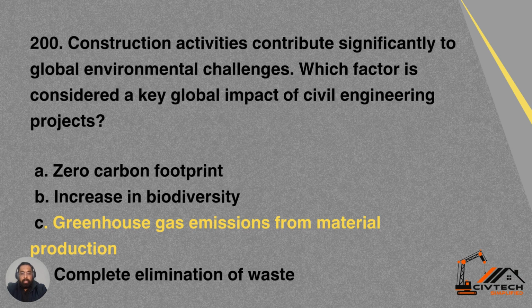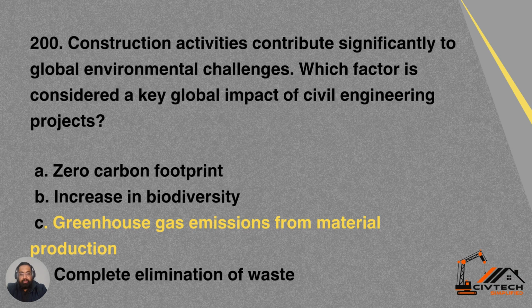Question number 200 and the last question for this video part as well as this topic. Construction activities contribute significantly to global environmental challenges. Which factor is considered a key global impact of civil engineering projects?